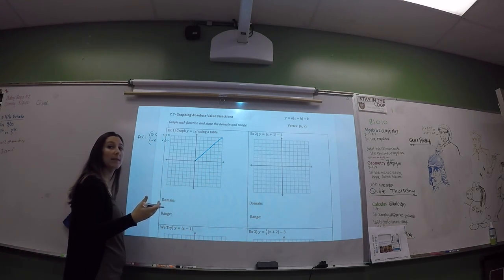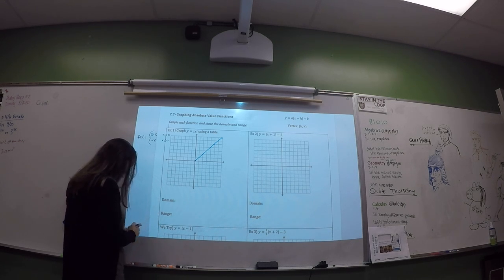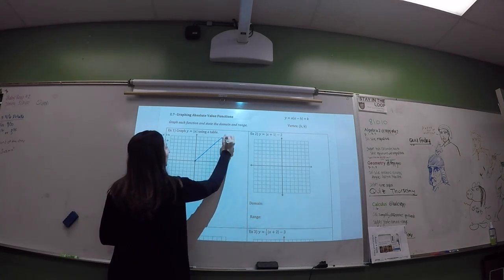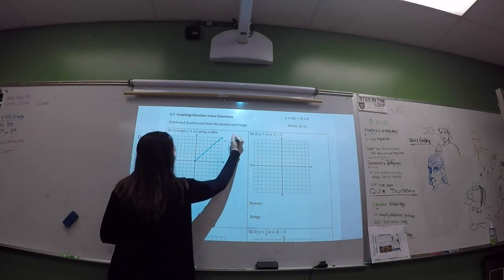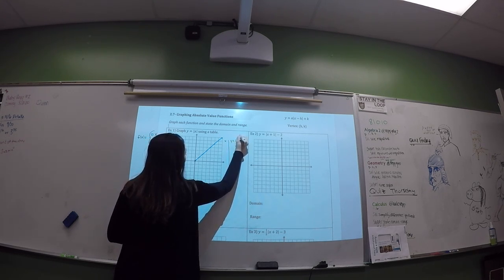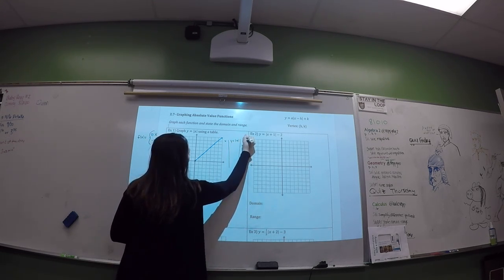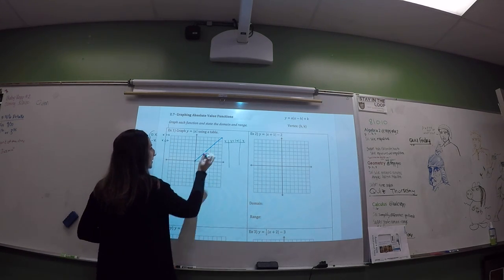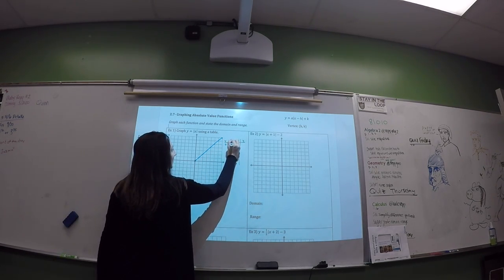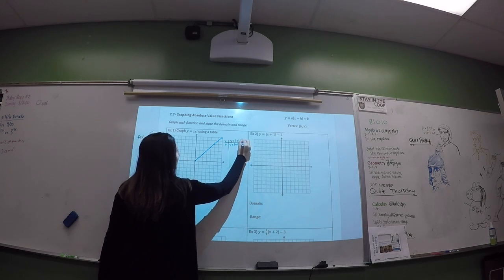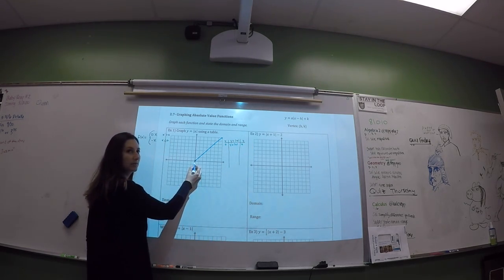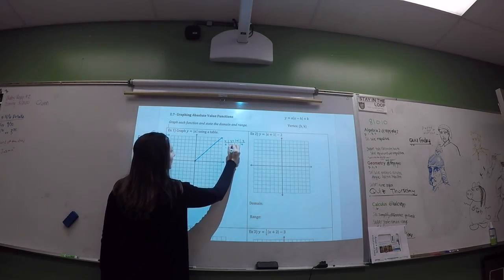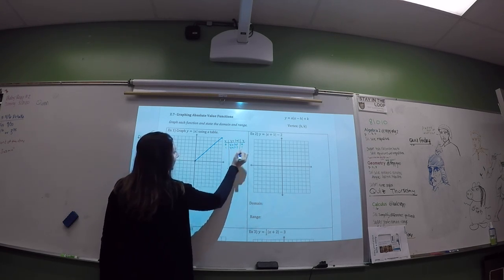If you're looking at it with a table, it's an old-fashioned way. When you plug in 0, the absolute value of 0 is 0. So you have a point at 0, 0. When you plug in 1, the absolute value of 1 is 1.